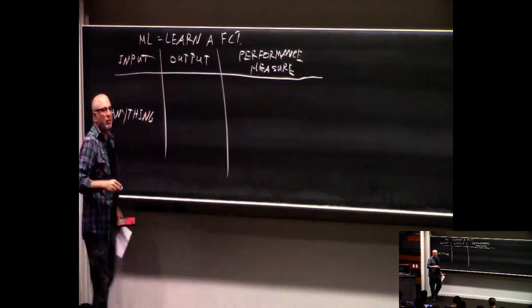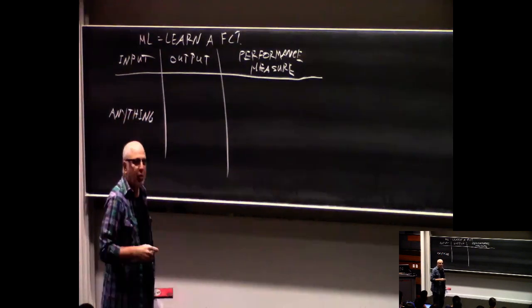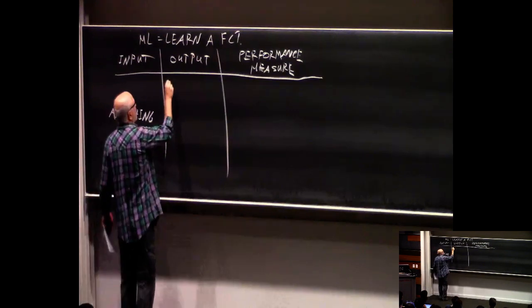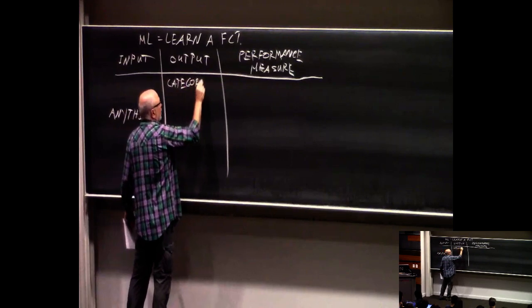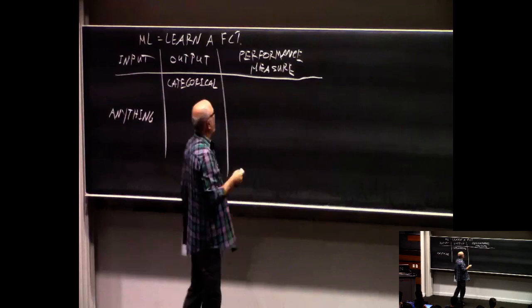The input comes from the technical domain known as anything. The output is what matters. If the output is categorical, we call it what? Classification.